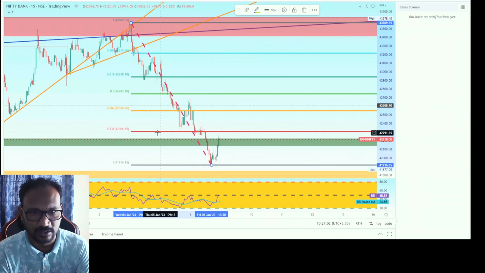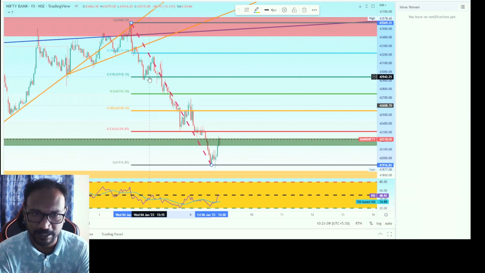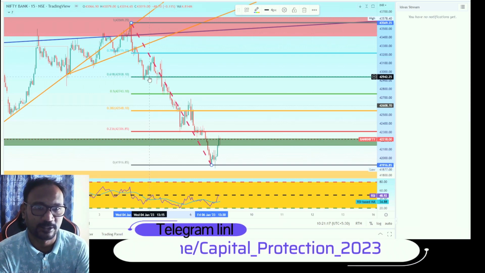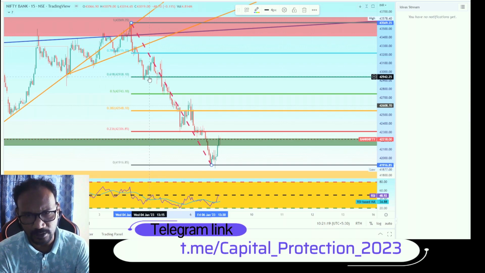It gives you the 23% level, 38% level, 50%, and 61.8%. This is the golden ratio. Usually 61.8 is an extremely critical point, and you can expect it to retrace till this level.